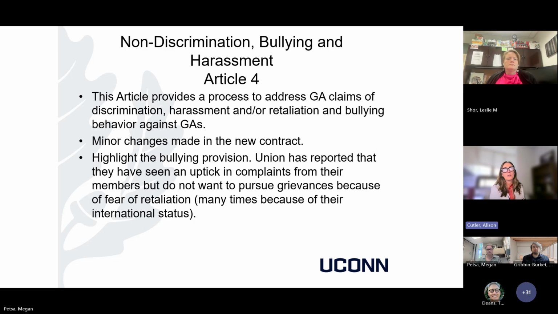And what we're hearing, and I can understand this, is there have been some GAs coming forward to the union complaining about these situations, but they're worried about any repercussions. We do have a non-retaliation policy, but they don't want to come forward and file a grievance, but they want this behavior to stop.